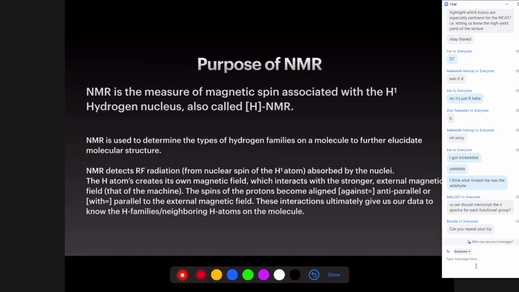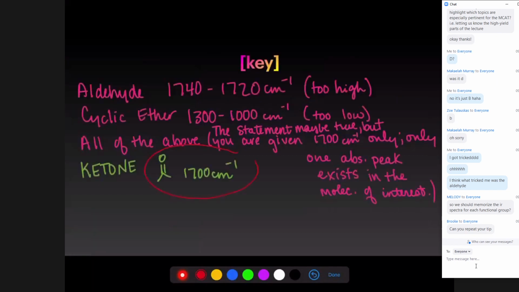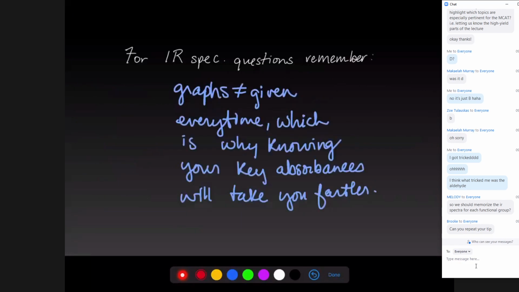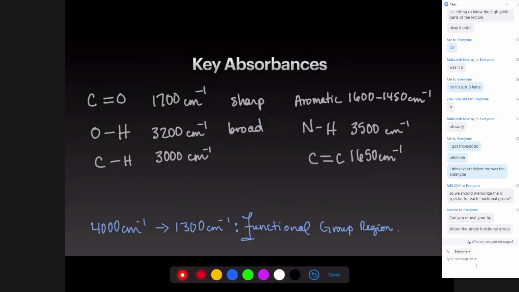Can you repeat your tip? Yes, I can. I would suggest memorizing a few IR spec data. These absorbances, I would definitely put some of those in your head. Alcohol is the most obvious absorbance, in my opinion, because of how broad it is.